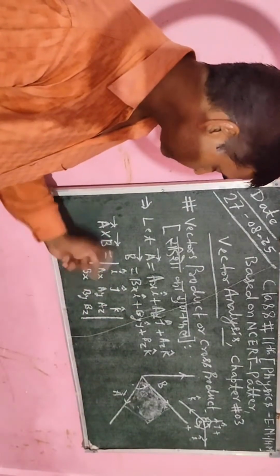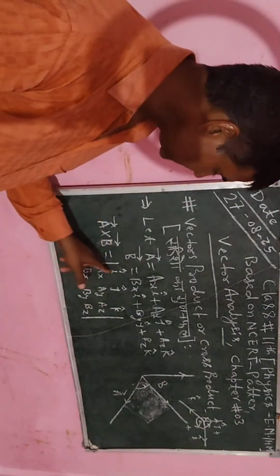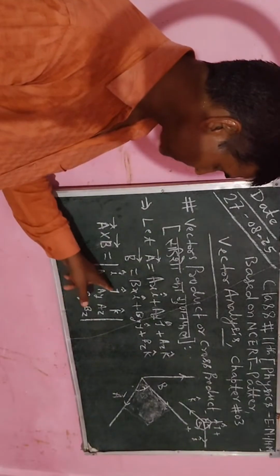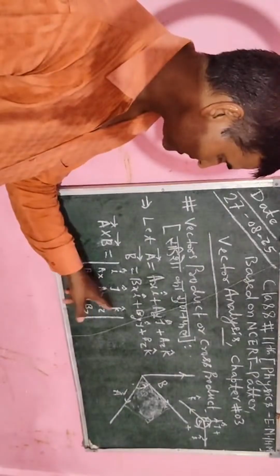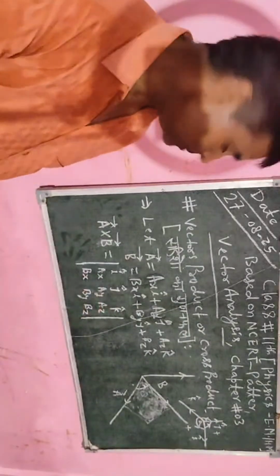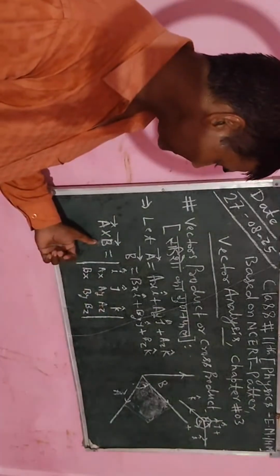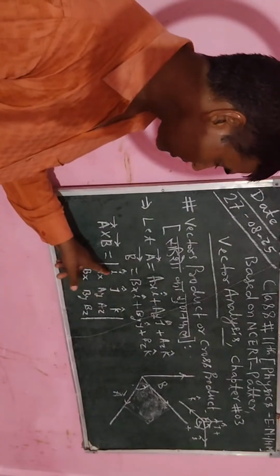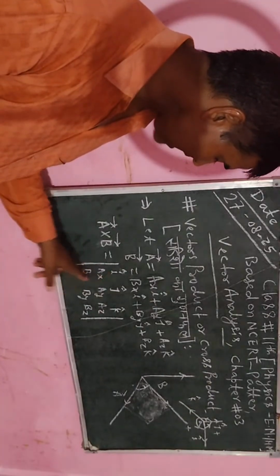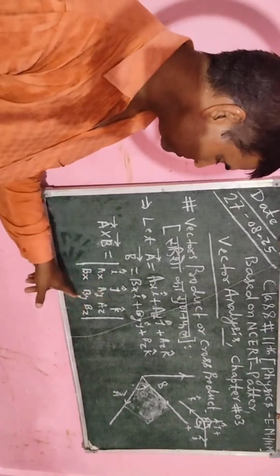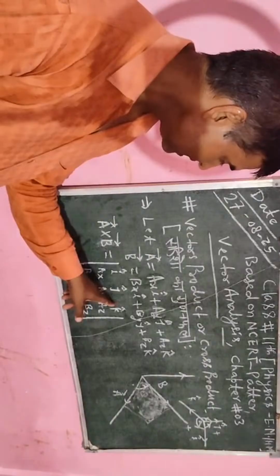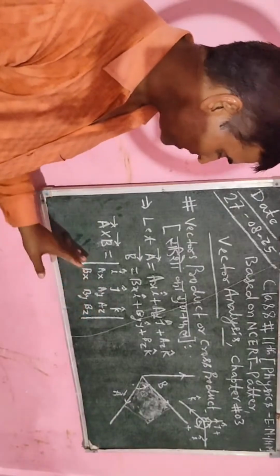Now here in the vector A, the coefficient of vector i cap is ax, the coefficient of vector j cap is ay and the coefficient of vector k cap is az. Similarly, here I have written vector B: the coefficient of vector i cap is bx, the coefficient of vector j cap is by and the coefficient of vector k cap is bz.